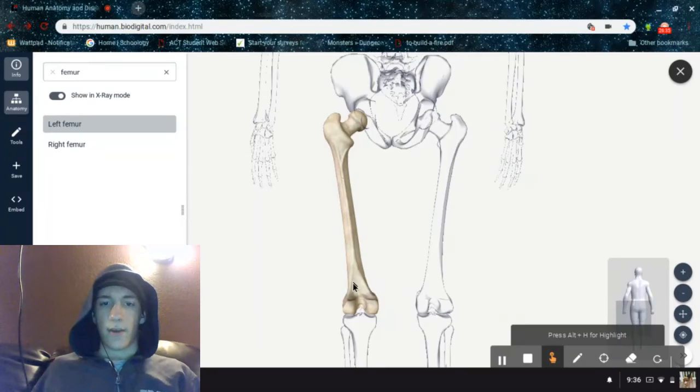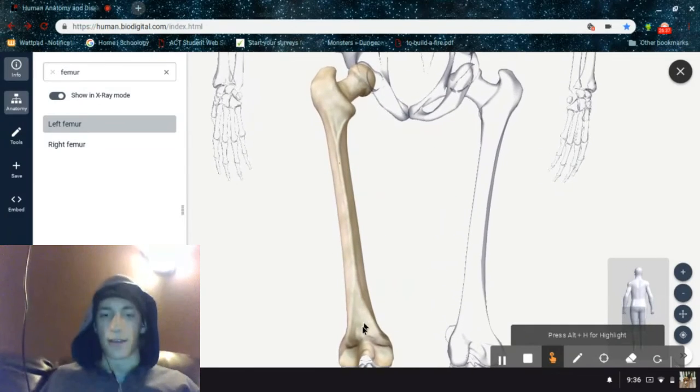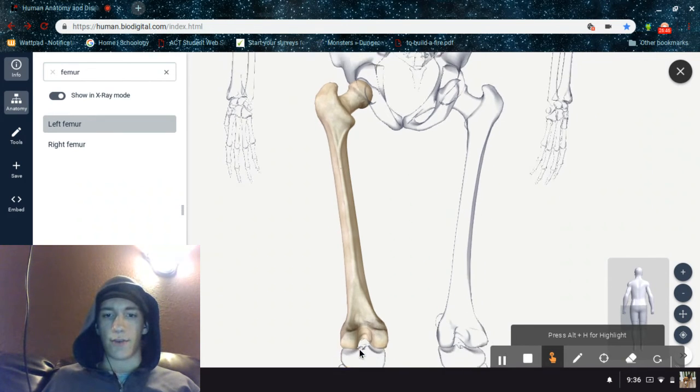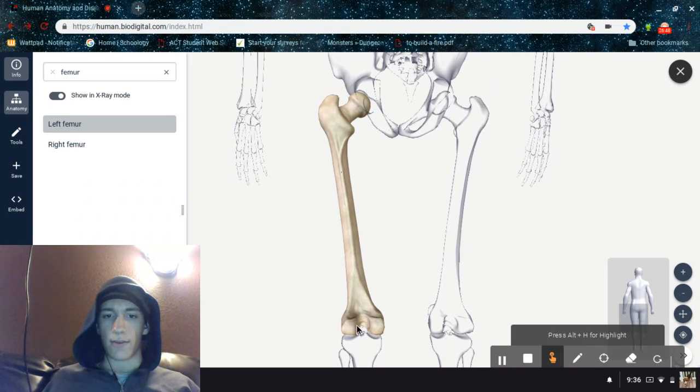See this humongous fossa right here? This is called your intercondylar fossa. You have two condyles right here, knobby parts. This is your intercondylar fossa.